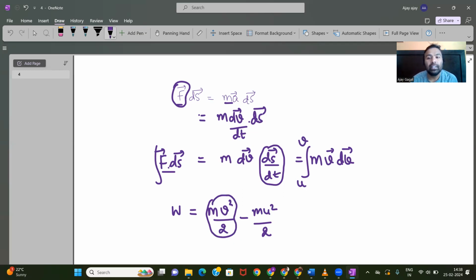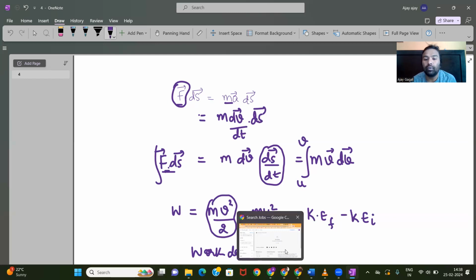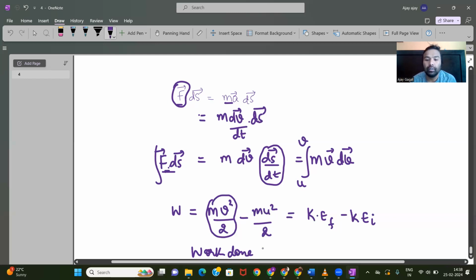Since v is our final velocity and u is our initial velocity, I can write this as kinetic energy final minus kinetic energy initial. Since this F is the total force, I can write work done by all forces acting on an object.